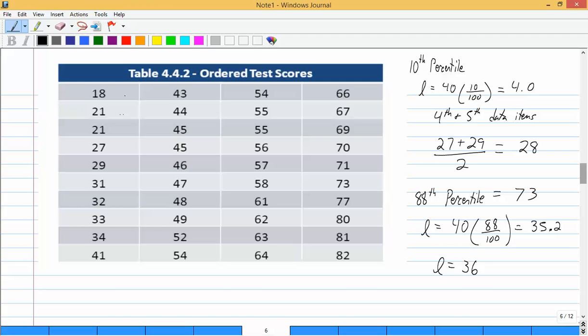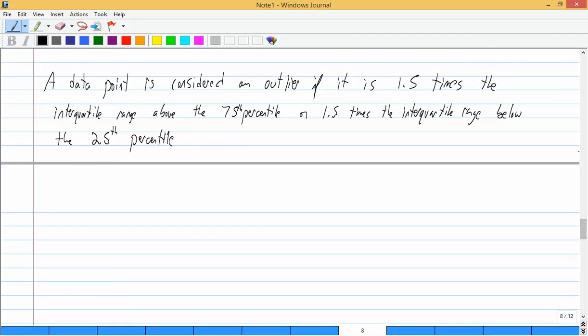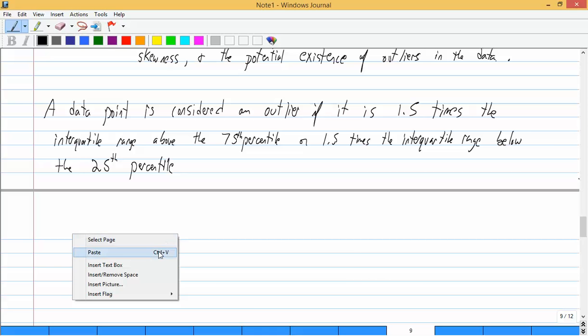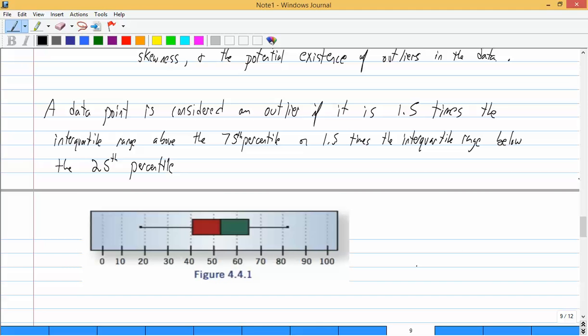So if we figured out the first quartile or the 25th percentile, and we figured out the 75th percentile or third quartile, this is what a box plot looks like. So you see this right here, this is Q sub 1, the 25th percentile.